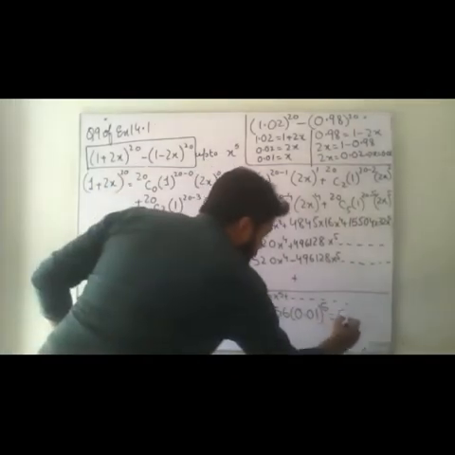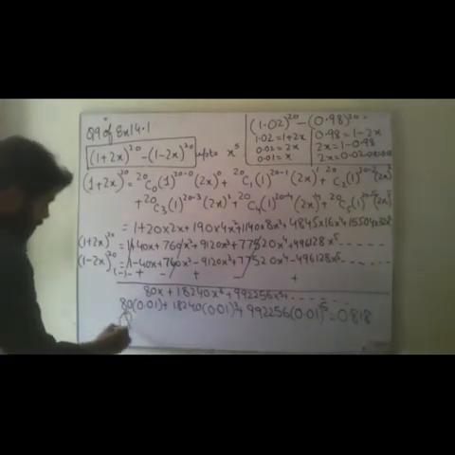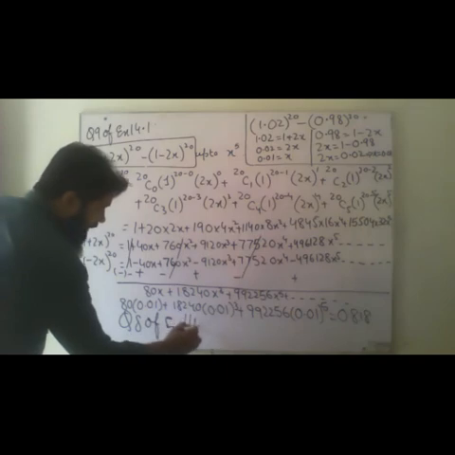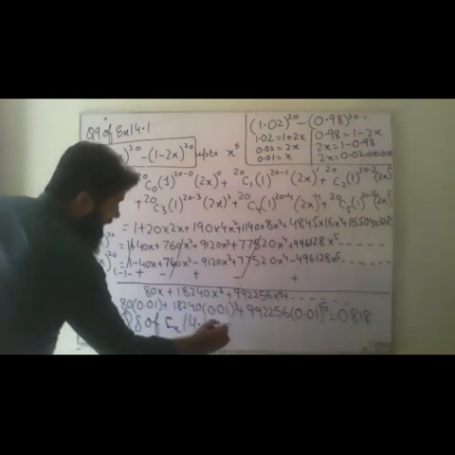You will simplify it and your answer is going to be 0.818. That's your final answer for this question. And question number 8 of exercise 14.1 is same as this one. Okay?